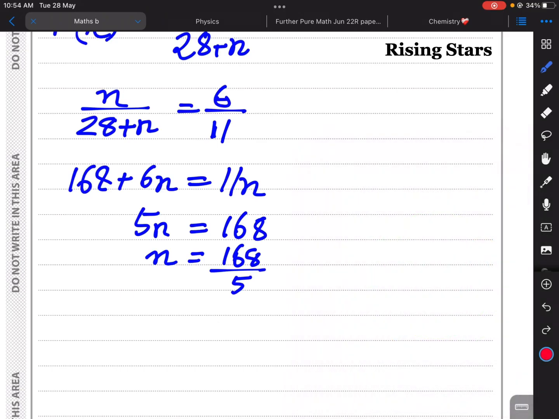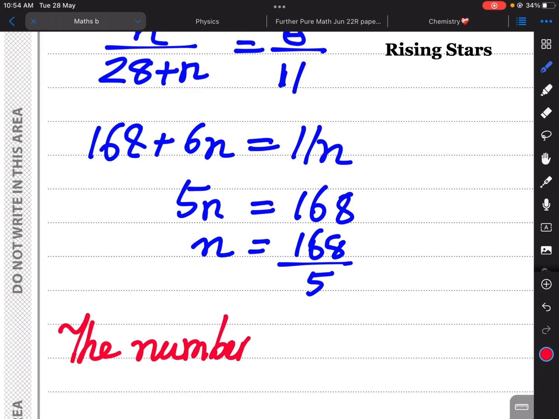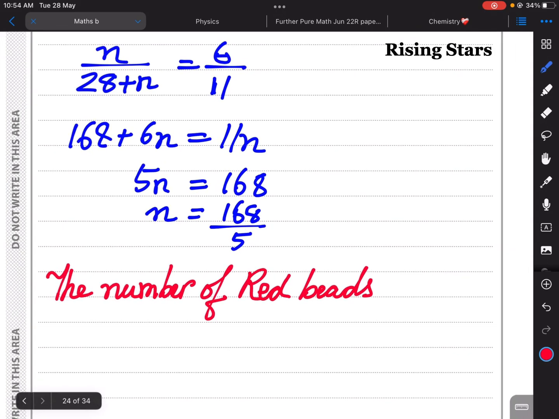The number of red bits cannot be a fraction.